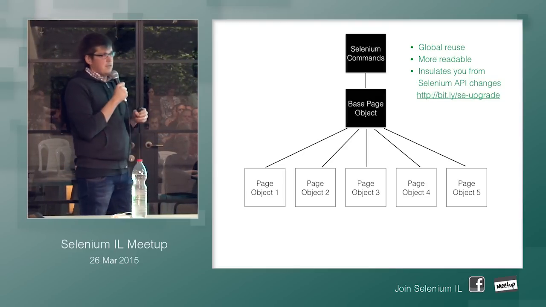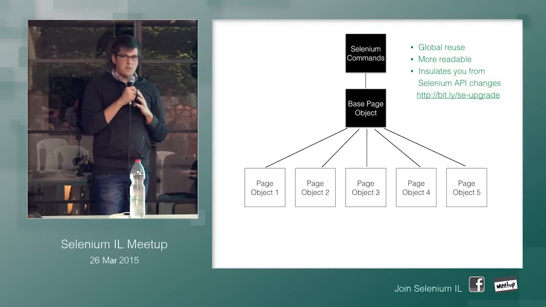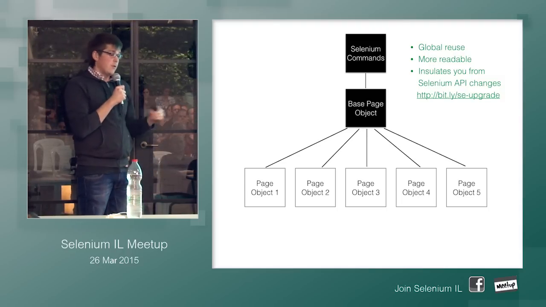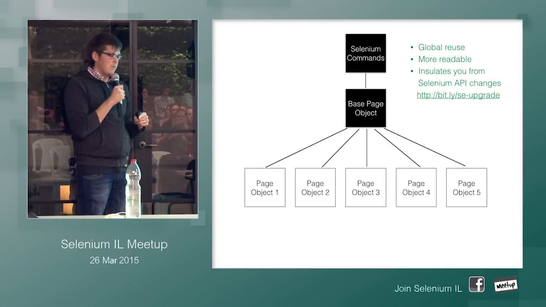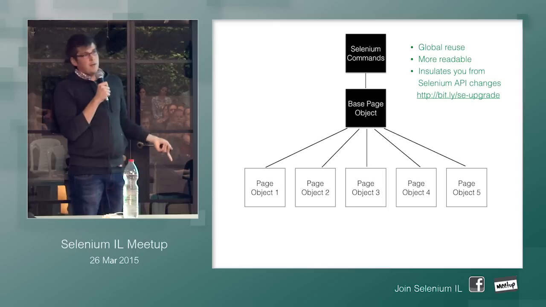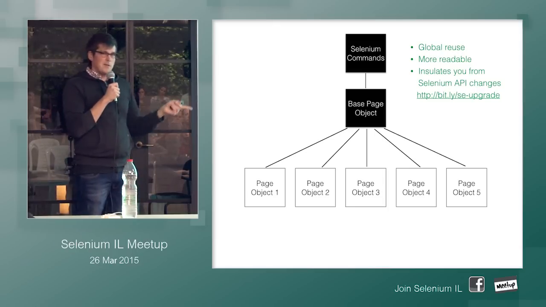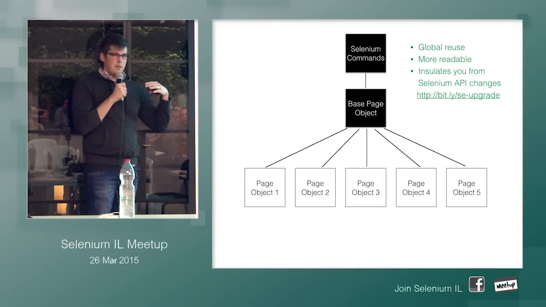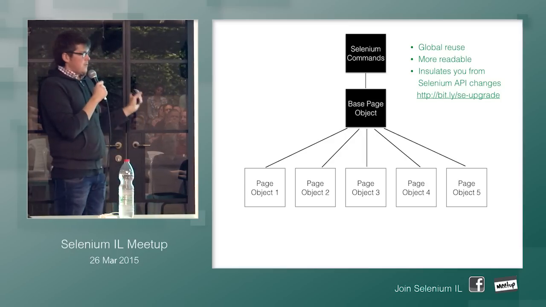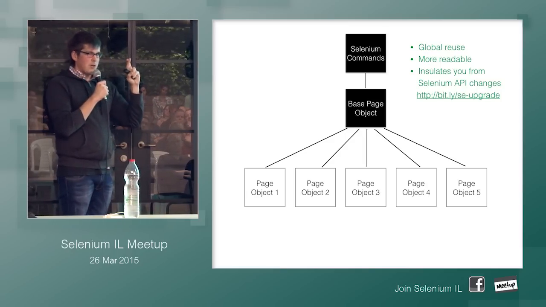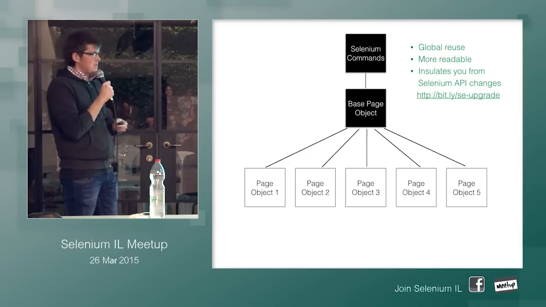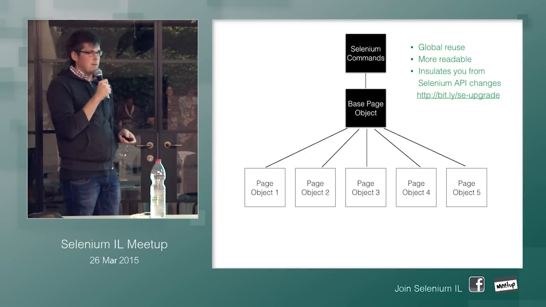And if you're interested in seeing why this matters and how it was done at scale, this link takes you to a write-up recap of the closing keynote from Selenium conference in Boston a couple of years ago, where Jason Huggins from Google talked about migrating millions of tests from Selenium 1 to Selenium 2 and how this pattern is what they used to effectively do that. Now granted, going from Selenium 2 to Selenium 3 should, fingers crossed, not be a rocky ride like it was from 1 to 2, but this is just another helpful abstraction that could save you some time down the road.